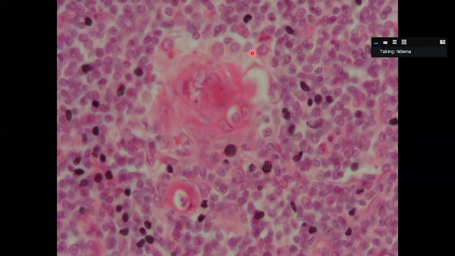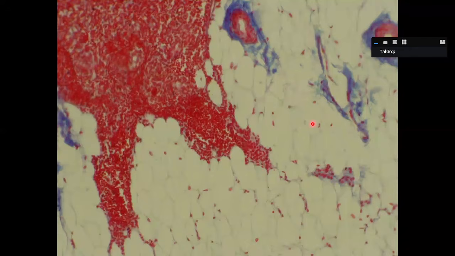Also note that the thymus can undergo involution, where thymic tissue is completely reduced and replaced by adipose tissue. These white areas are just remnant tissue.